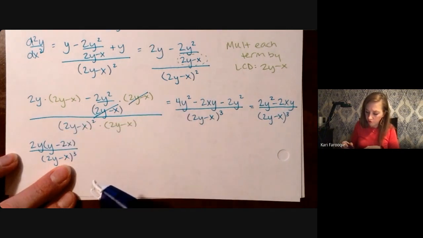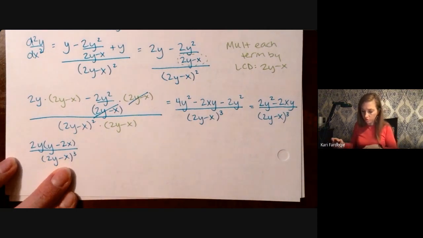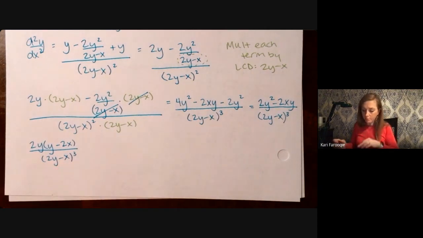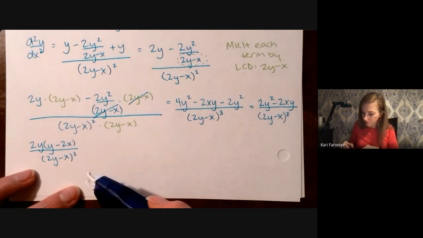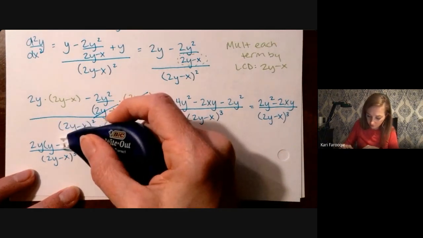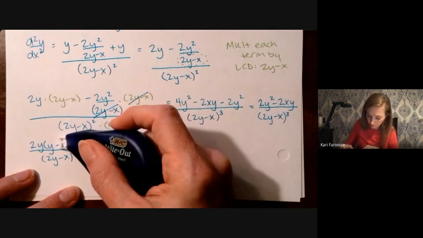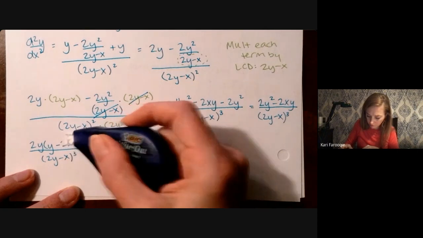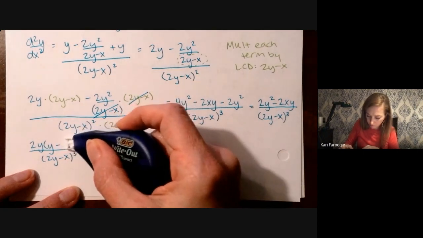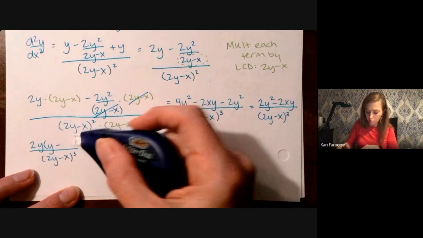Yes, 4y squared minus 2y squared is 2y squared minus 2xy divided by 2y minus x quantity cubed. Okay. Sorry, I pulled out a 2y, and that leaves me with a y minus x.